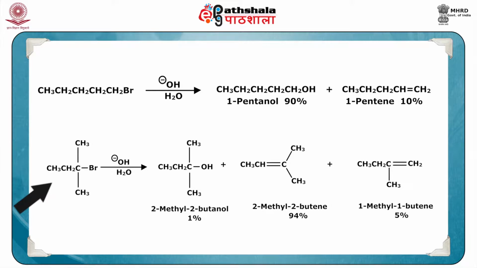So, you have noticed that when the alkyl halide was primary, it was still giving predominantly the substituted product, but when it goes to the tertiary halides, the elimination dominates over the substitution.